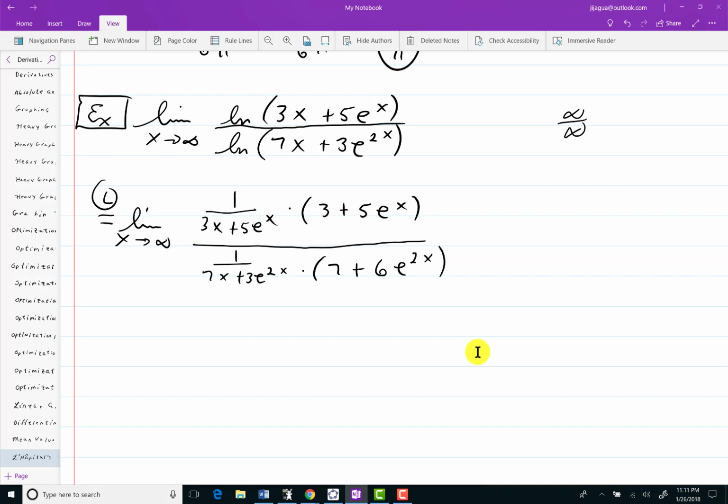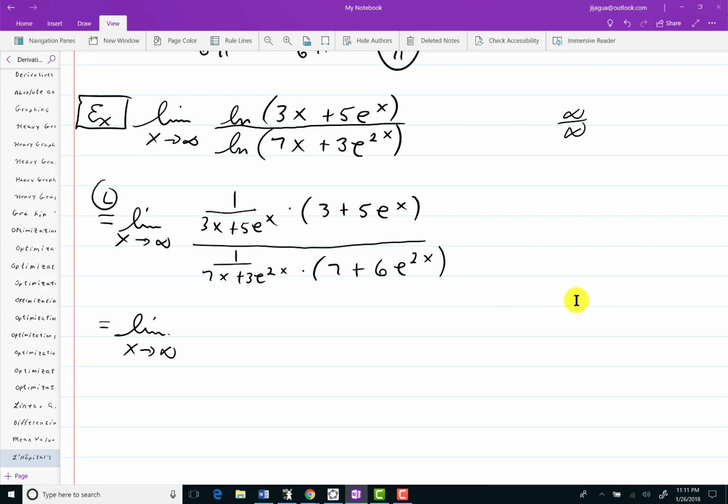Now, can I possibly plug in infinity? Well, that's kind of hard to do. It's really complicated right now. I think my best bet now is perhaps to write it as a simple fraction, because this up here is a fraction and this down here is a fraction. So let me clean up a little bit before I do any kind of L'Hopital.